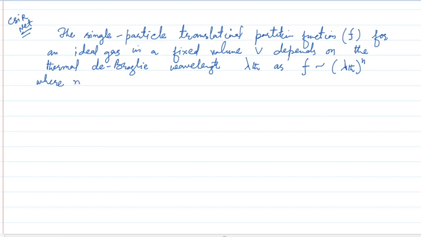The first option was n is equal to 3, the second was n is equal to 1, the third option was n is equal to -1, and the fourth was n is equal to -3.